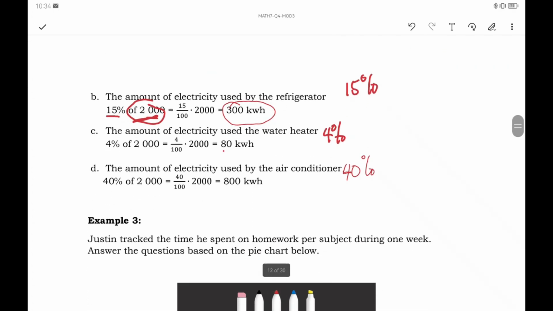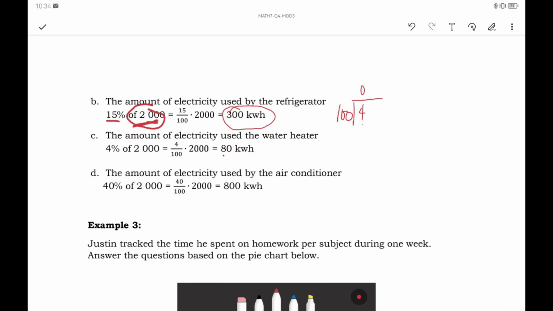So for the water heater, we have 4 divided by 100. 4 divided by 100 cannot be, so this is 0. 0 times 100 is 0, so this is 4 and another 0. 40 divided by 100 is 0 again because it cannot be divided.